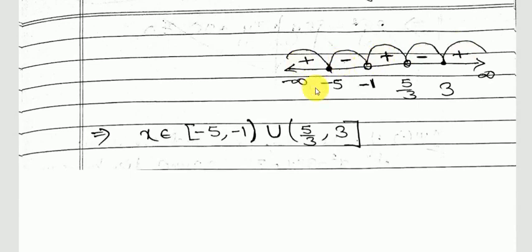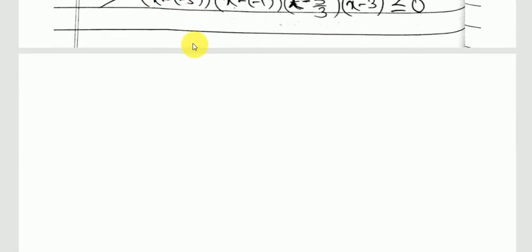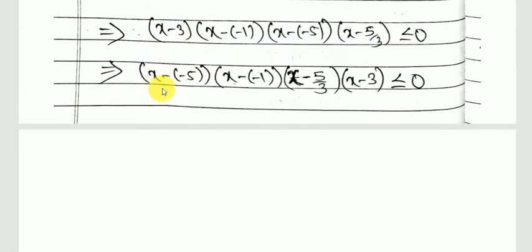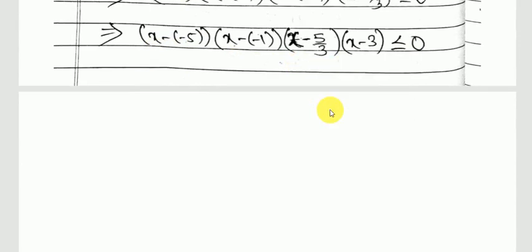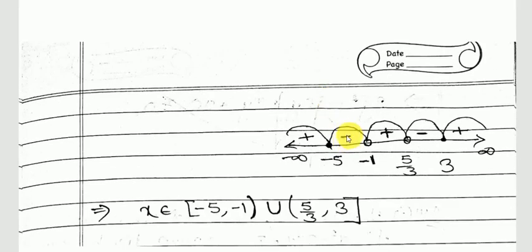Done. But we are looking for only those values of x for which the left hand side will be less than 0 or equal to 0. For this interval it is less than 0, that means negative, and for this interval it is also less than 0. And we have to include those values of x also for which it's 0.